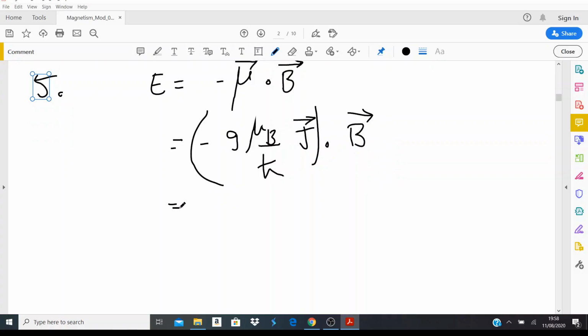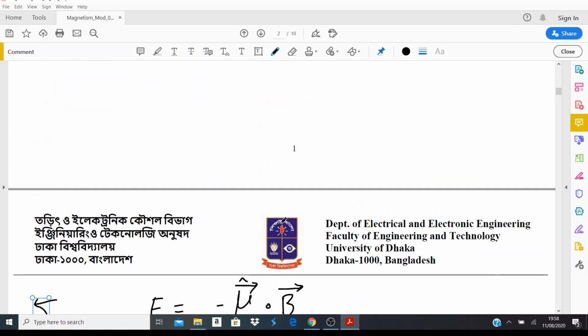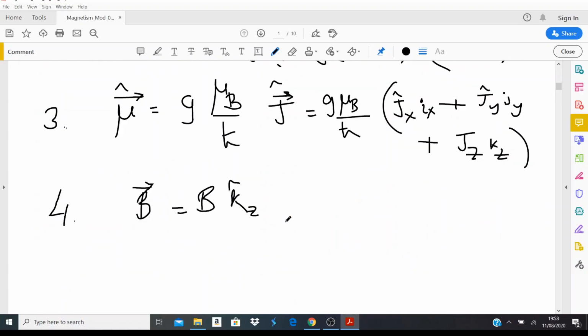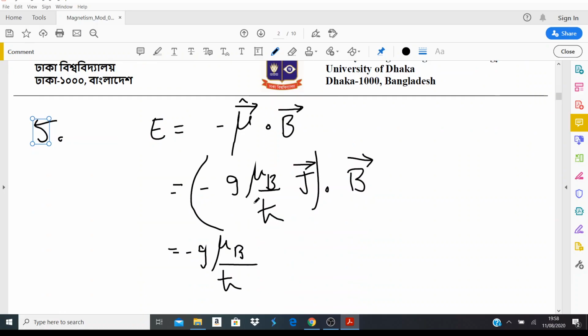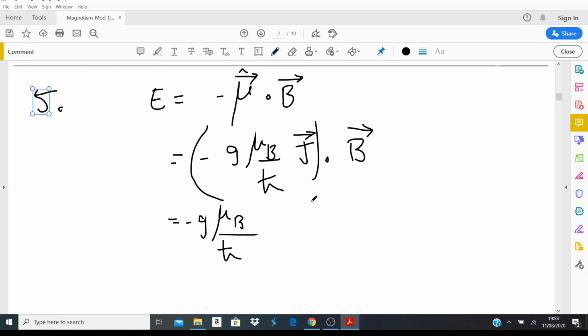So for this, you will have g mu B by h bar, and then only the component along the z-axis times the magnetic field, so that's the dot product of J times Bz.